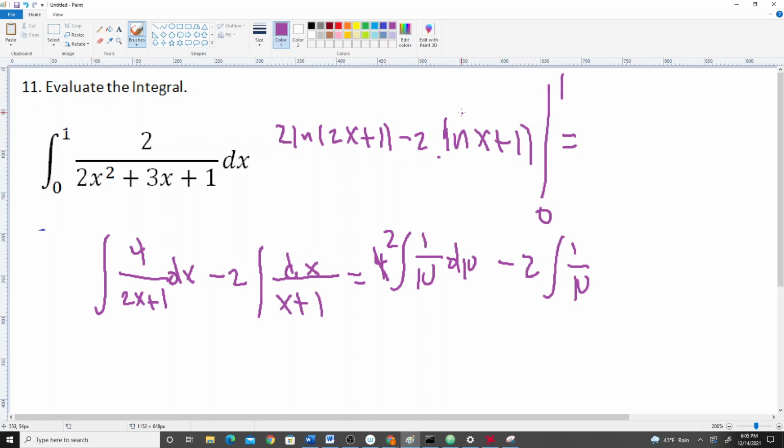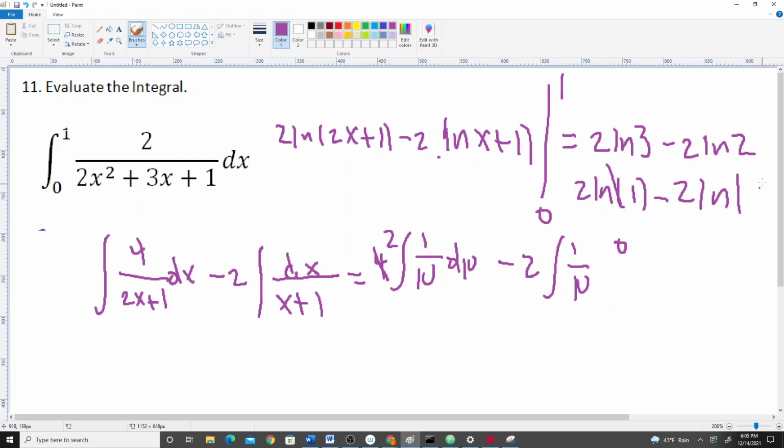When we put in 1, we get 2 ln of 2 times 1 plus 1, which is 3, so 2 ln 3, and then minus 2 ln 2. And when you put 0 in, you get 2 ln of 1, which is 0, so we can ignore that. For the other term, you get ln of 1, which is also 0.